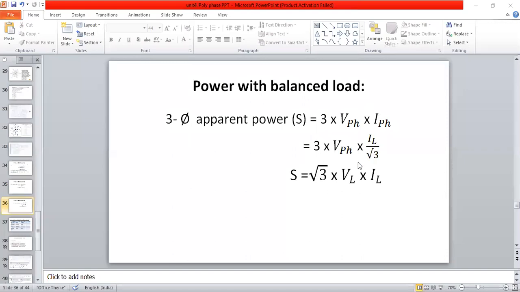Roll number 40. Yes, sir. Tell me the line current formula in delta connection.